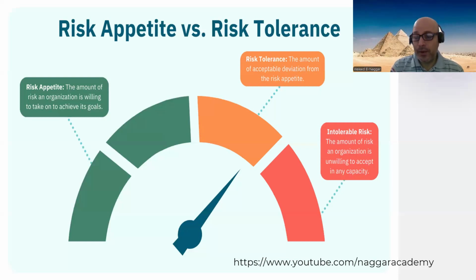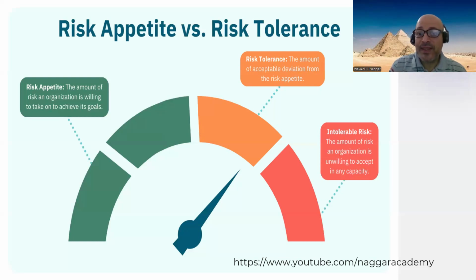Instead of driving at 60, you can drive at 70 or 80 because you want to go in a hurry to save this person's life. But of course, you will not drive at 120 inside the city and cause your own death or kill someone. So this is the intolerable risk.